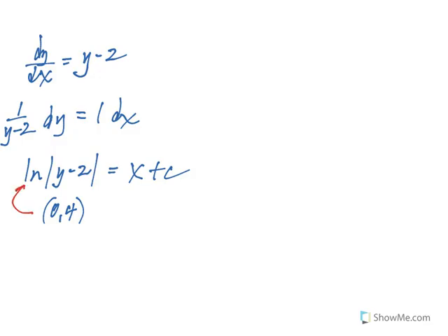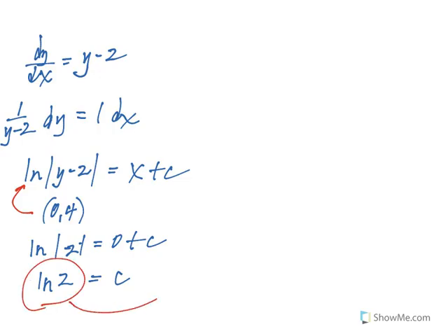If I plug that initial condition into my integrated equation, that's going to give me the natural log of the absolute value of 2 is equal to 0 plus c, which means my c is equal to the natural log of 2.